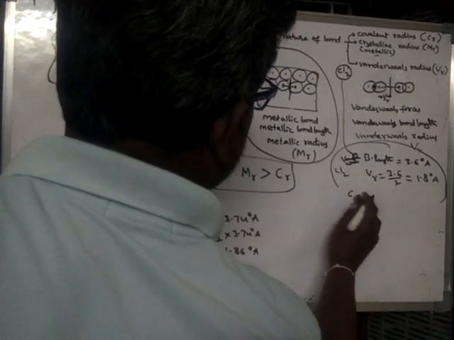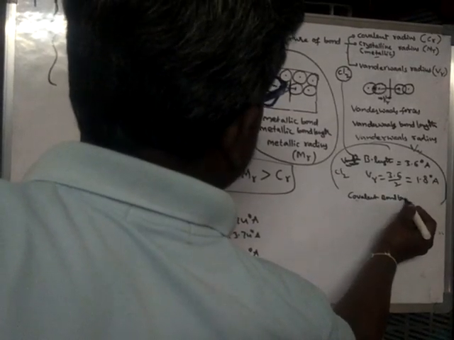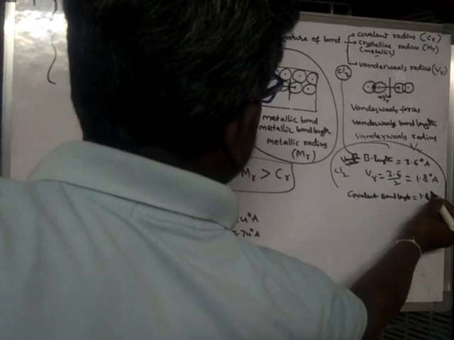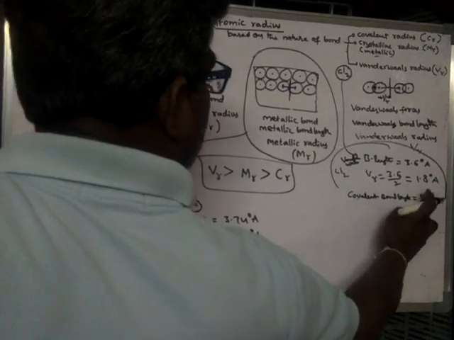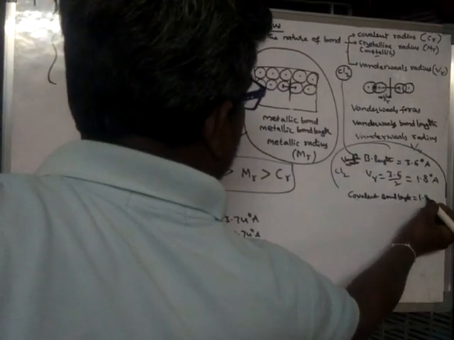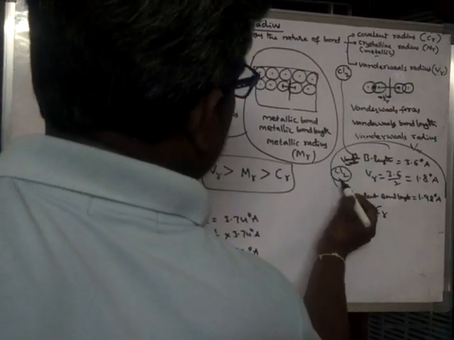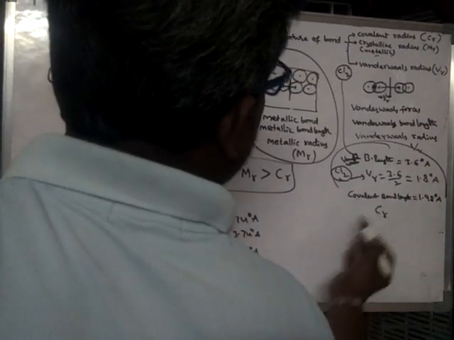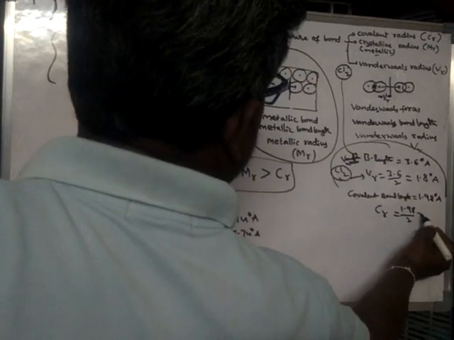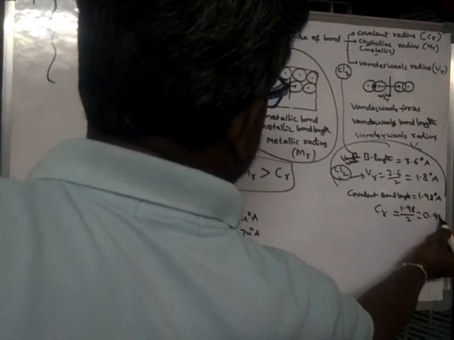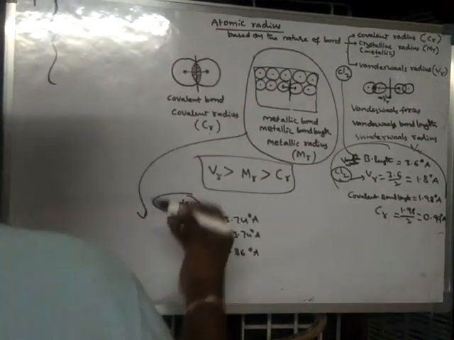Covalent bond length is equal to only 1.98 angstroms. So the covalent radius in the chlorine molecule is 1.98 by 2, so it will be 0.99 angstroms, between two chlorine atoms.